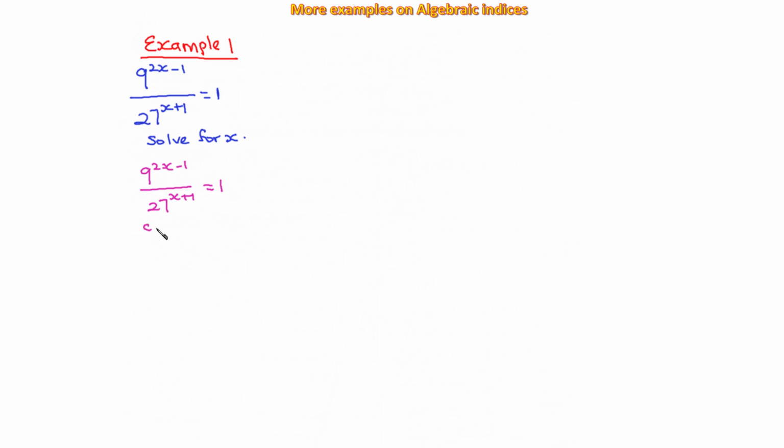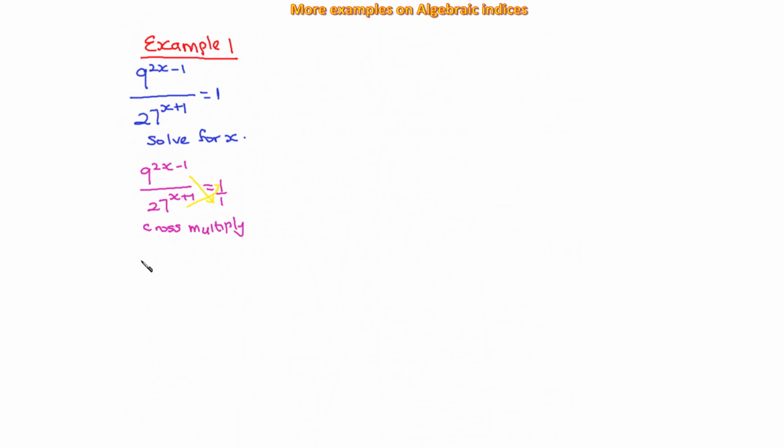Once you cross multiply, this is 1 over 1, and 1 over 1 is 1. The numerator will multiply the denominator, and the denominator will multiply the numerator. That's how you cross multiply.